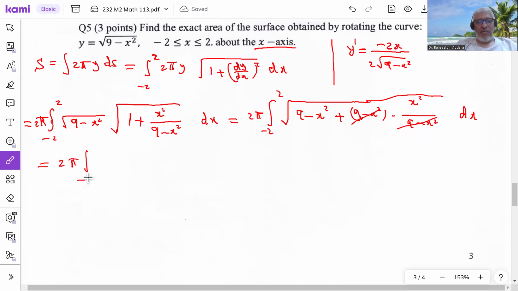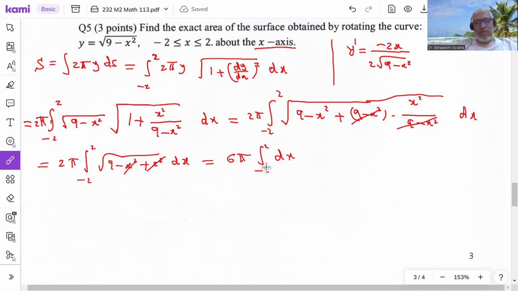And I'll have the integral of the square root. Let me write it like this first, and then cancel. And the square root of 9 is 3. So, in fact, I can take the 3 outside. So it's 6 pi, from negative 2 to 2, dx.